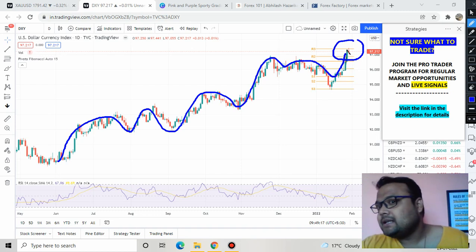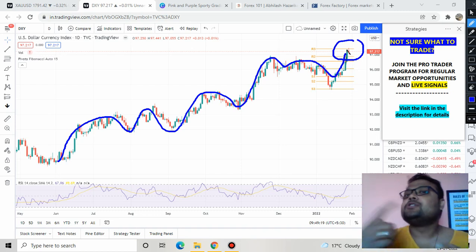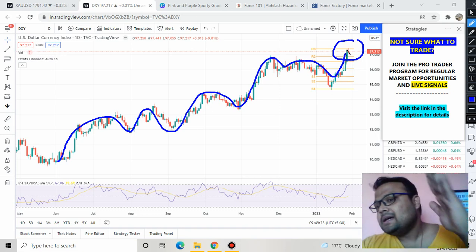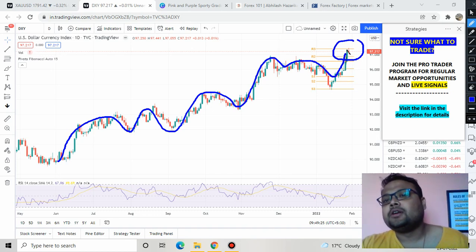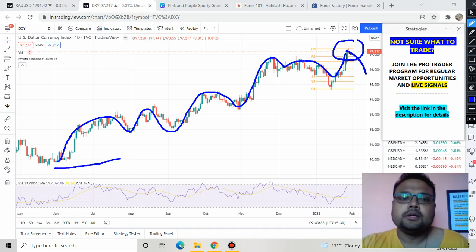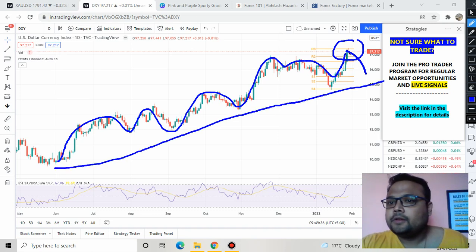Right now the market is standing at the top, so there is also a possibility that there will be some retracement, a correction on the dollar, because this is a swing market. So the dollar will come down a little, around till 96.95, because the dollar will be covering this swing so that it can go up again.